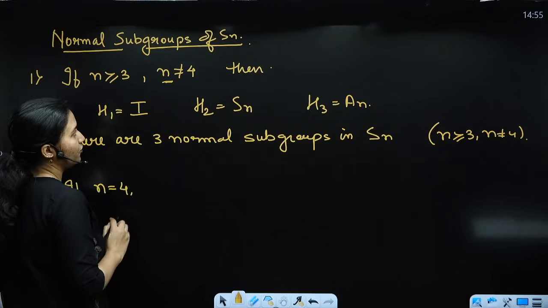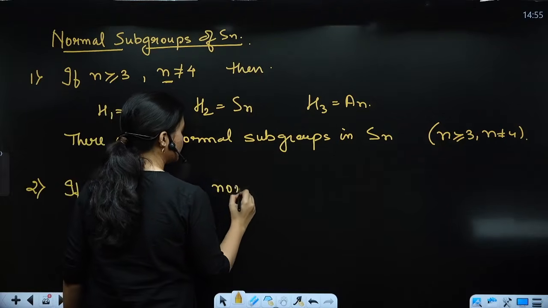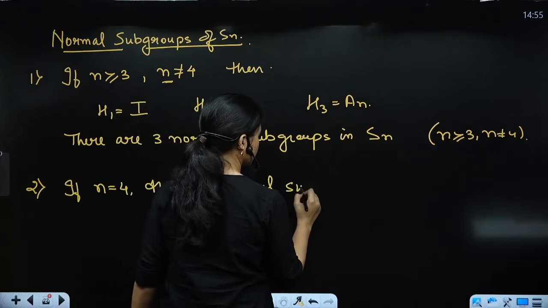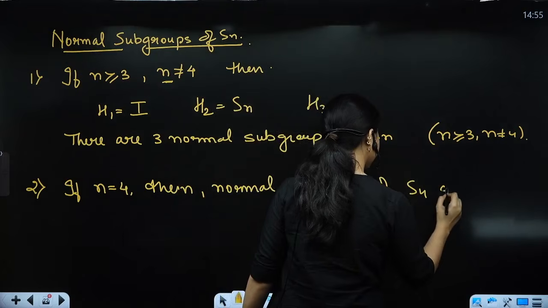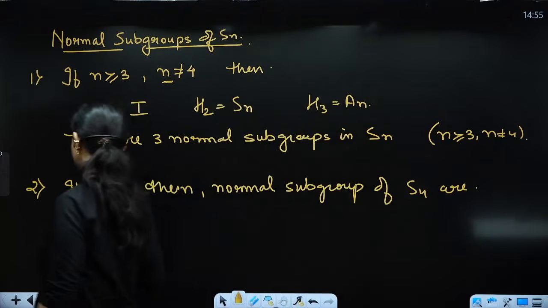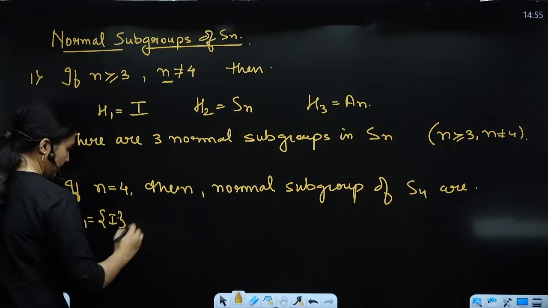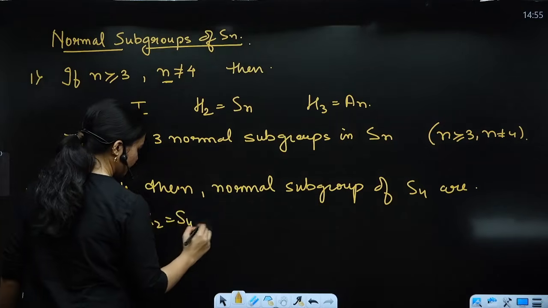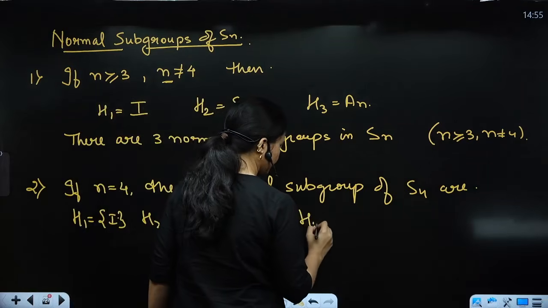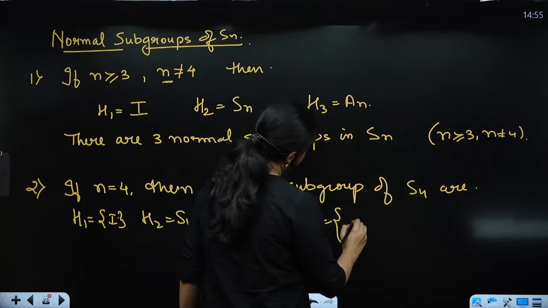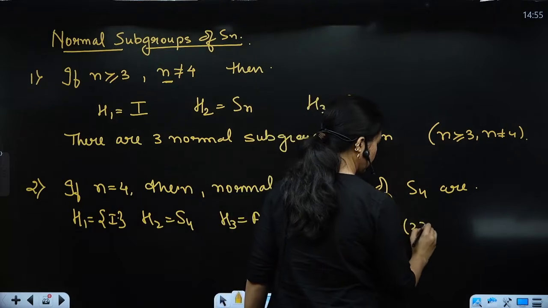If n equals 4, then normal subgroups of S4 are H1 equals identity, H2 equals S4, H3 equals A4, and H4 equals the subgroup of order 4.